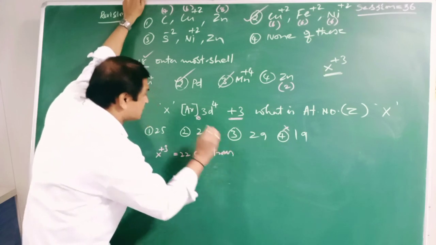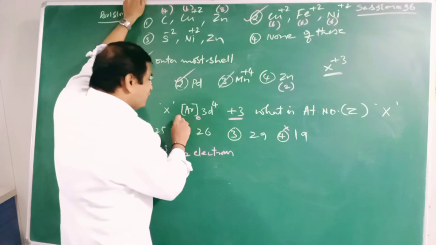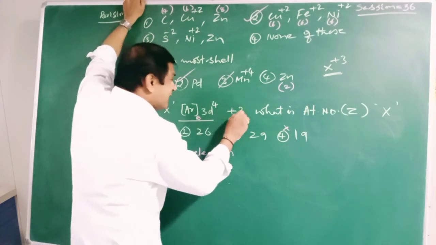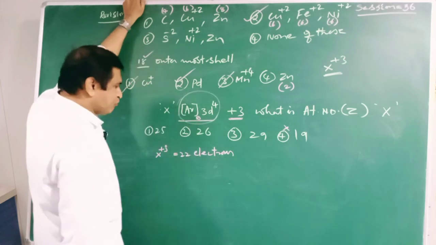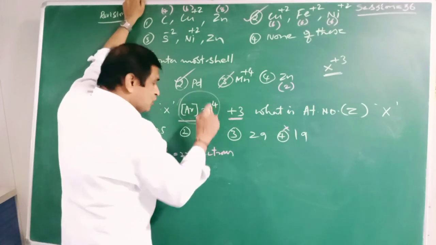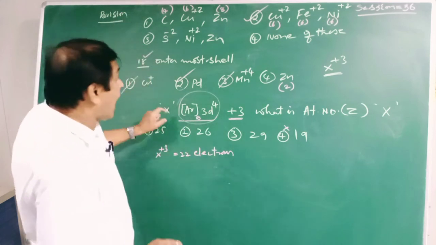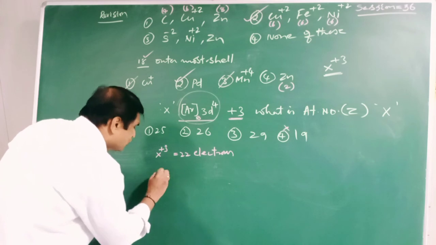Try to understand it clearly. The configuration of X in +3 oxidation state has this many electrons, that means 18 plus 4, 22 electrons, after losing 3 electrons from the neutral atom.